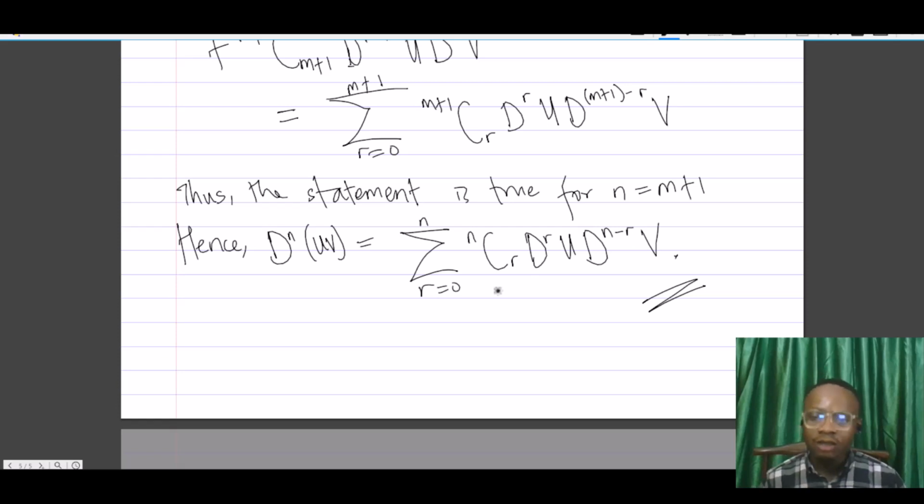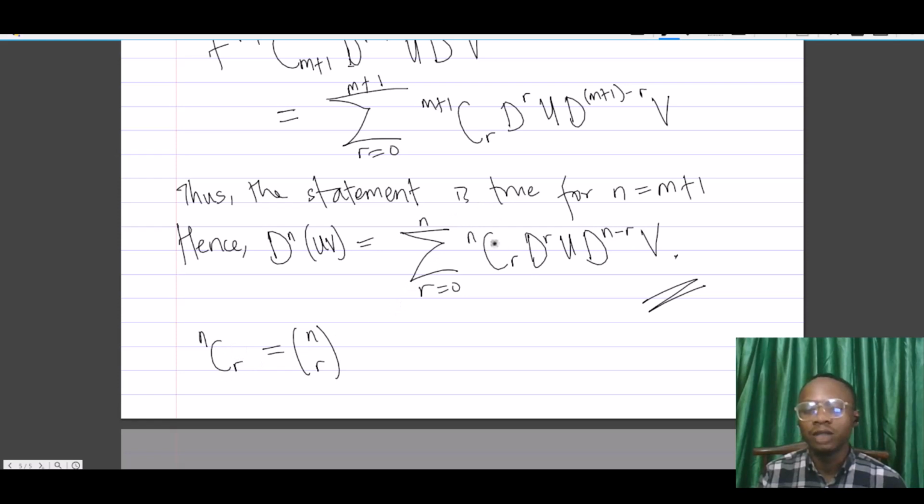One final thing before we go, you should also know that when you have n combination r, it can also be written in this form, n bracket r. So if you see something like this in your textbook or any other material, know that they are referring to exactly the same thing, n combination r. So this is another way to write n combination r.